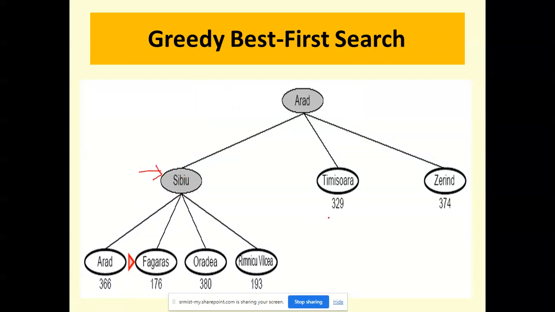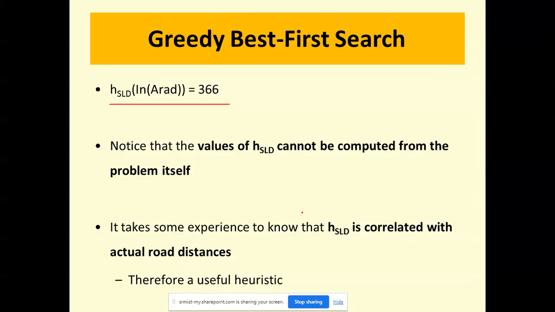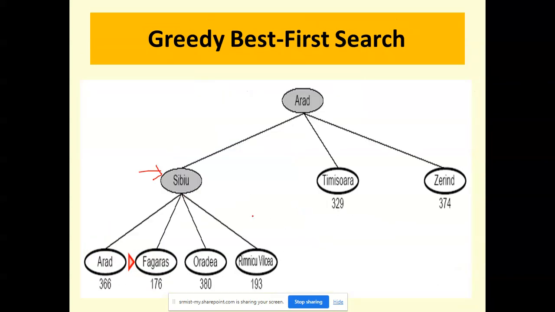From Sibiu, you look for the reachable states. From Sibiu, you could reach Fagaras, Oradea, and Rimnicu, and again back to Arad, which is not required. Now you look for the least one, and the least one is Fagaras.